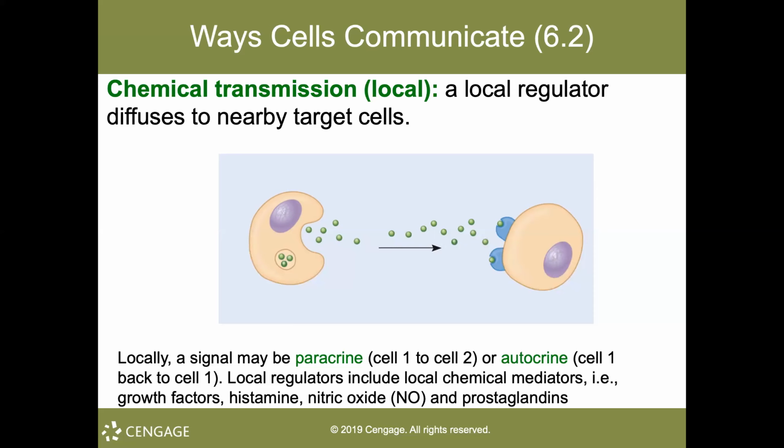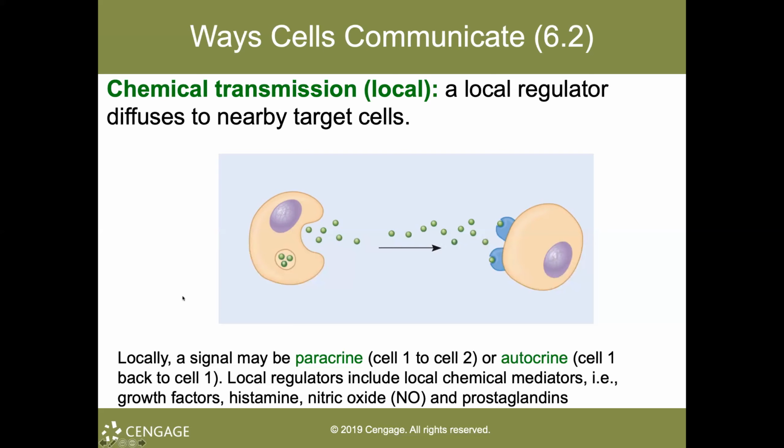Nitric oxide is a chemical mediator that's going to bind to the target cell. This is basically a gas, and it helps the smooth muscles relax, and it causes the blood vessels to dilate. This will result in a decrease in blood pressure. And then you have your prostaglandins. Prostaglandins are hormones that make the smooth muscles contract.